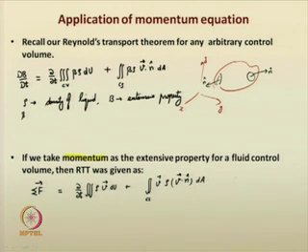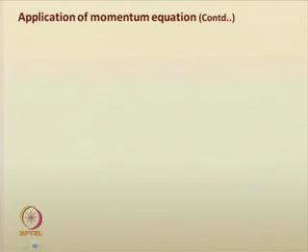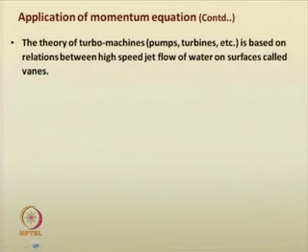So, because we have taken B is equal to momentum, therefore, the intensive property beta is nothing but equal to velocity. Like that we were able to write this particular form.